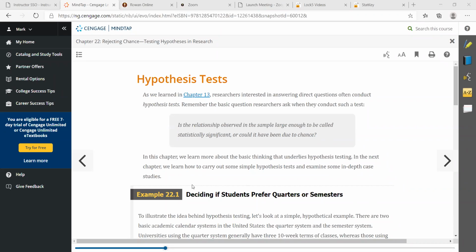Again, you're not responsible for the whole chapter. You're only responsible for the first couple sections in here. But I do want to bring to your attention a couple things mentioned in this chapter that you should look at. So again, a hypothesis test, it sort of gives you this basic definition of what it is.